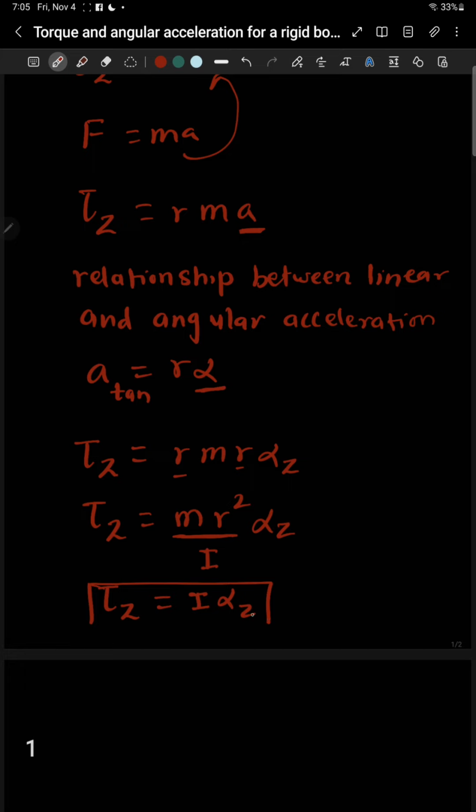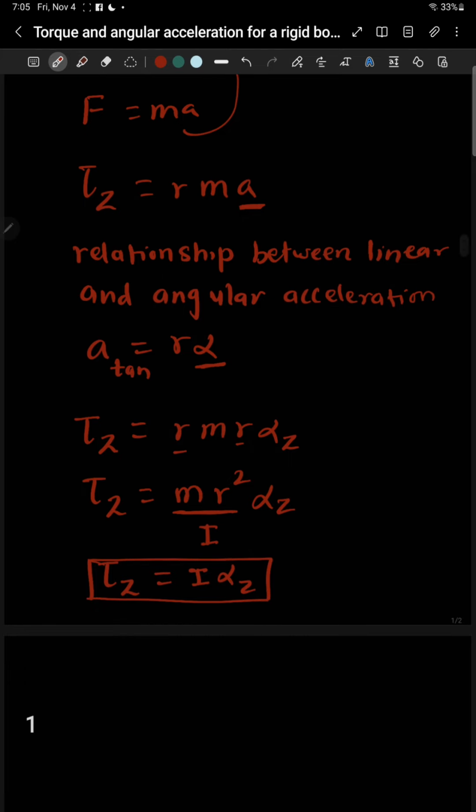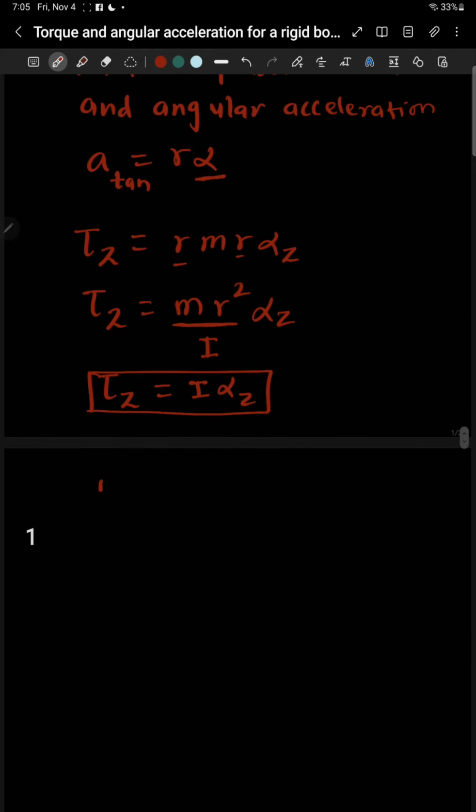So this is an important relationship. Look at here: the torque is equal to the product of moment of inertia times angular acceleration about the z axis.